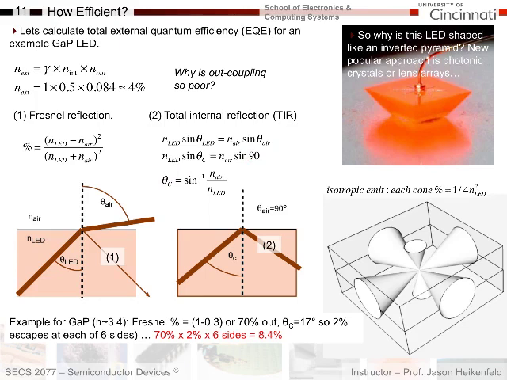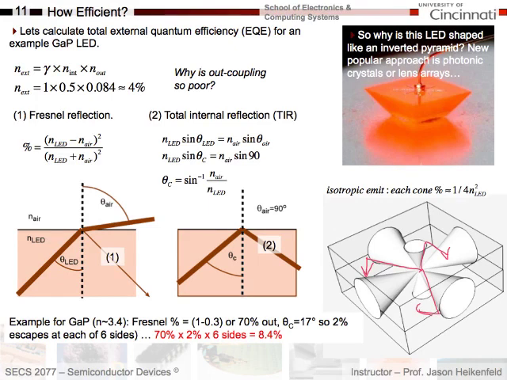So, knowing that, we can do a simple calculation, and you'll see that given the critical angle, only within certain angles here will the light get out. Any other angle outside of this, the light ends up getting totally internally reflected. So if the light is outside of those cones, the light is totally internally reflected back.